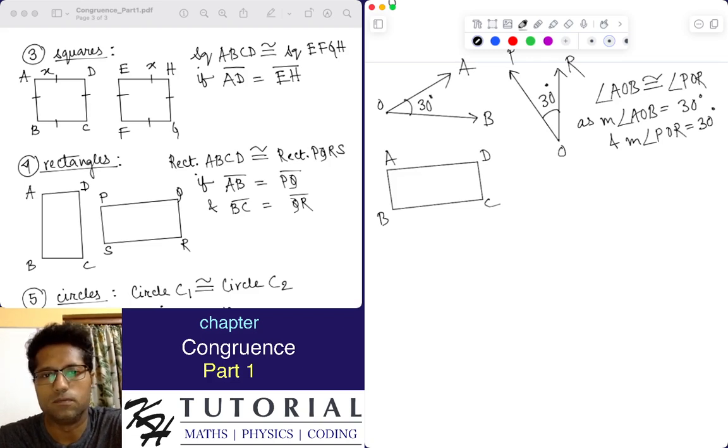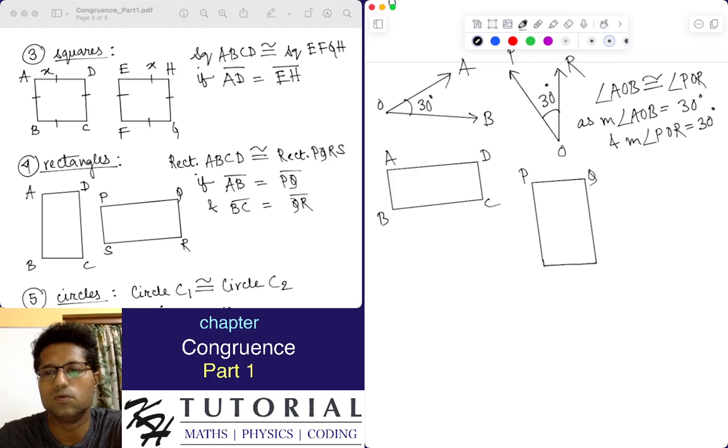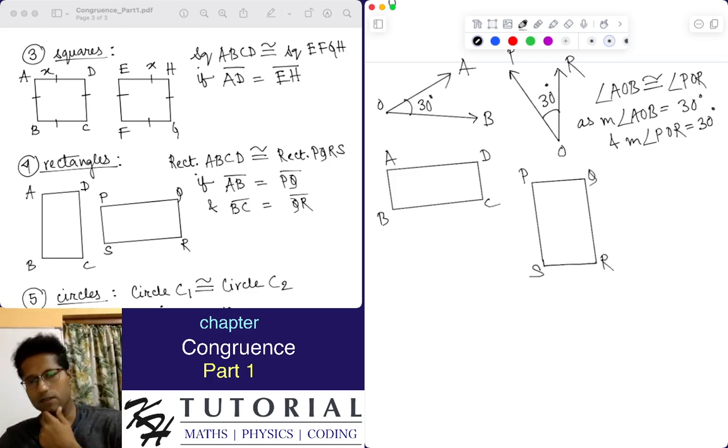And also we have this other rectangle. They are definitely congruent, but they have a different orientation. Let's say this is PQRS.